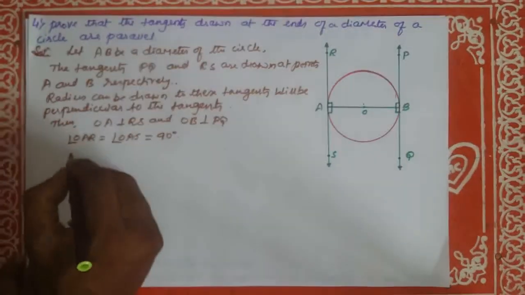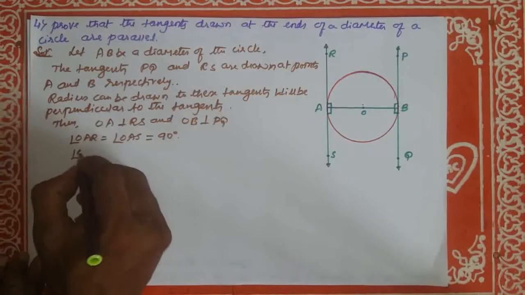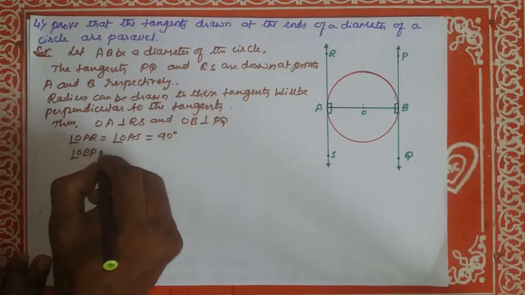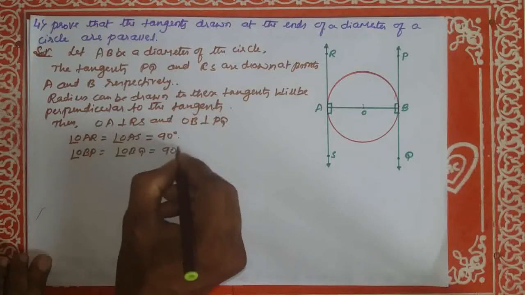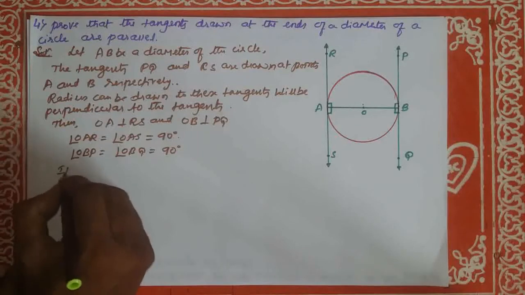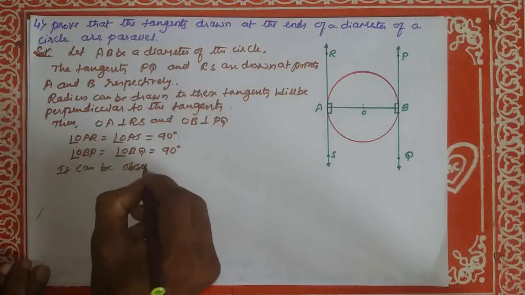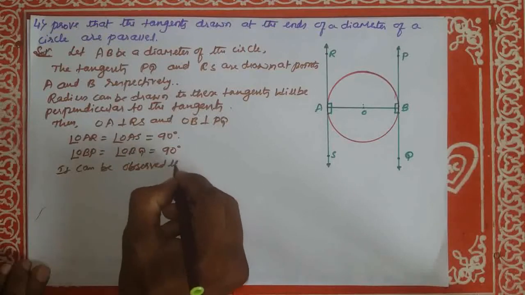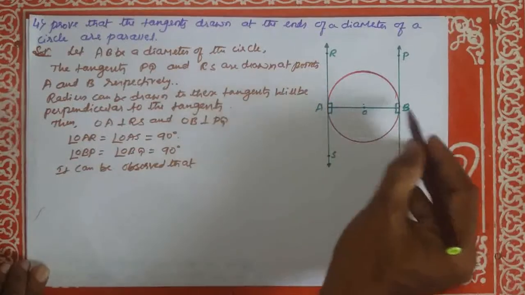And next, angle OBP is equal to angle OBQ, which is also 90 degrees. It can be observed that angle OAR is equal to angle OBQ.